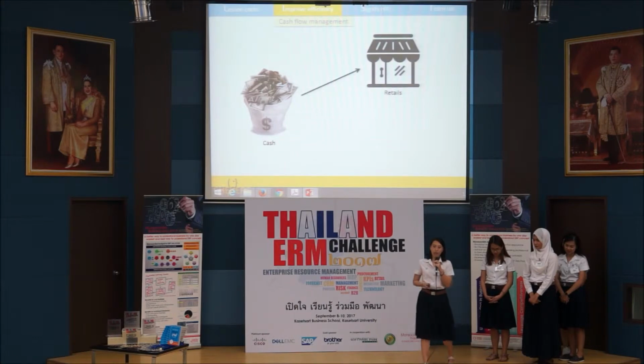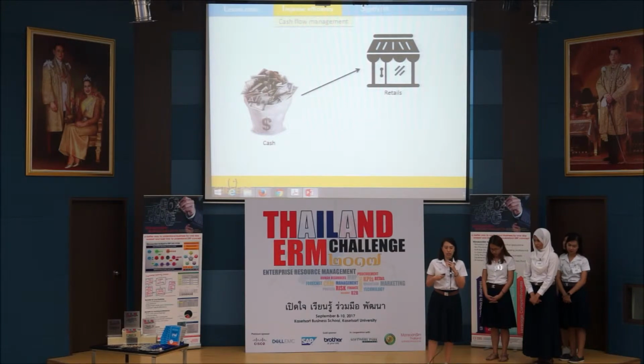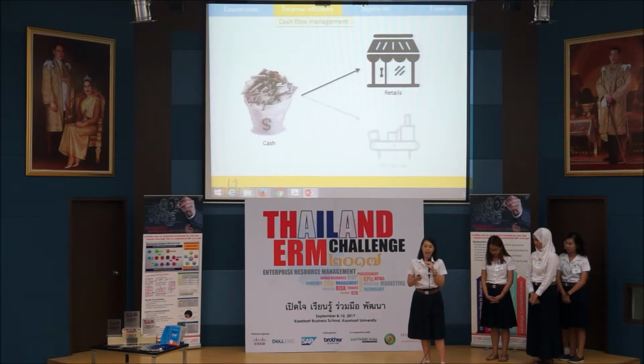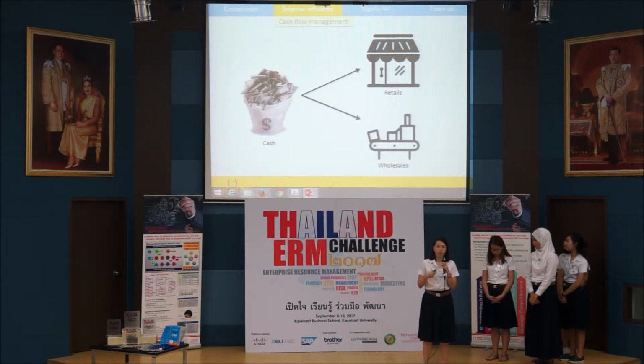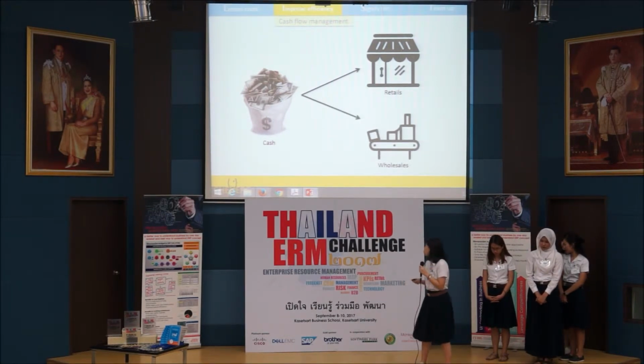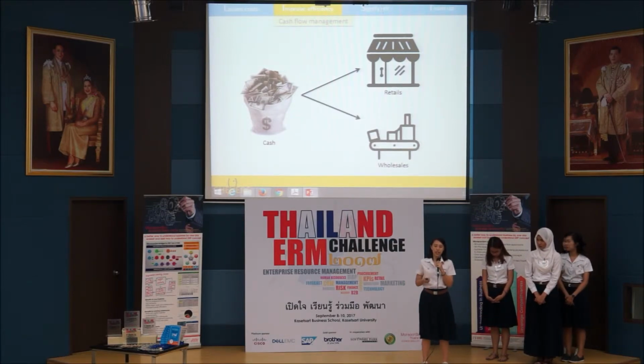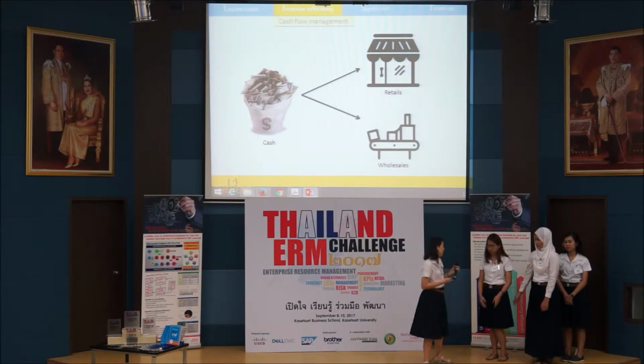So we put the investment in the retail store and finished goods to generate more income, and when we have more cash, we invest in the wholesale by buying machines and raw materials.